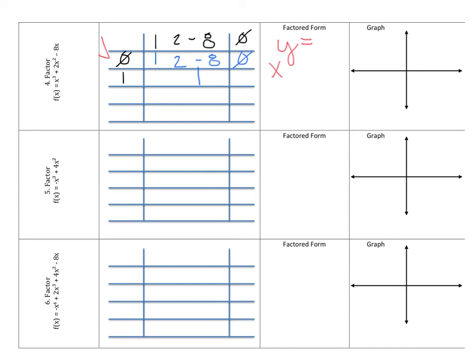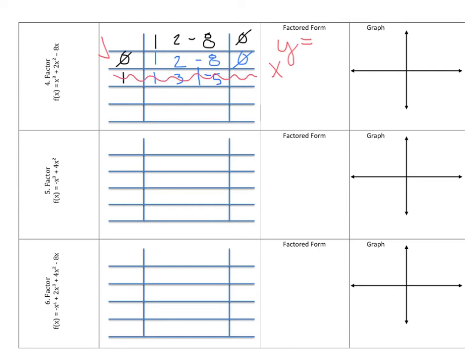Dropping down a 1, 1 times 1 is 1, plus 2 is 3. 1 times 3 is 3, plus negative 8 is negative 5. So that one definitely didn't work because we ended up with a remainder of negative 5.